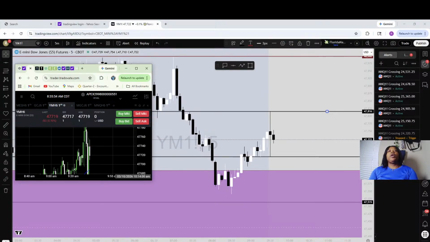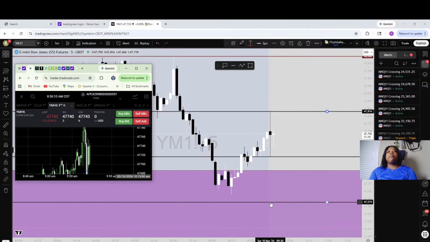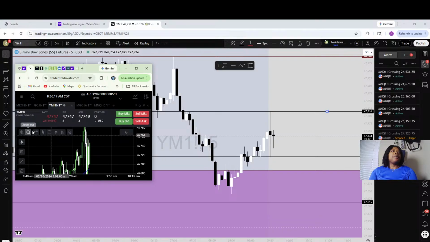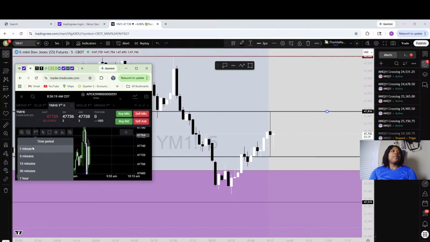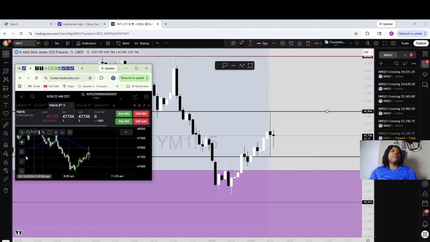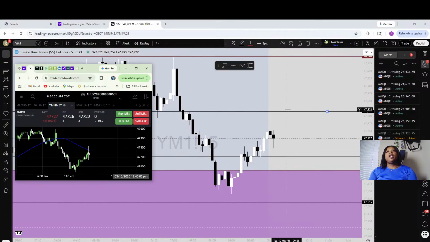Right now I'm waiting for a break of either side, because this was an indecisive candle. If it breaks here, I'll wait for a retest and then go to the downside. Let's see which side it breaks out of.